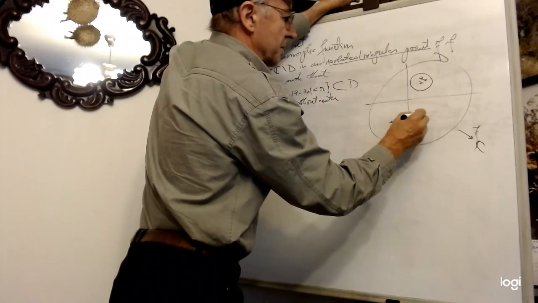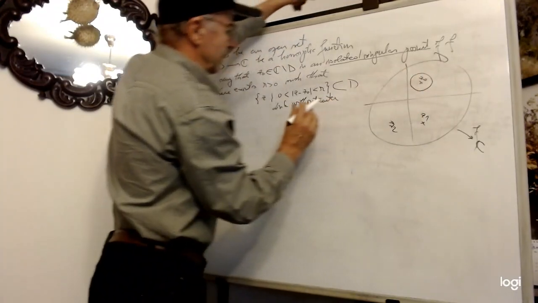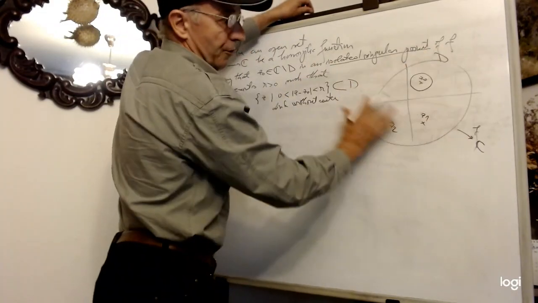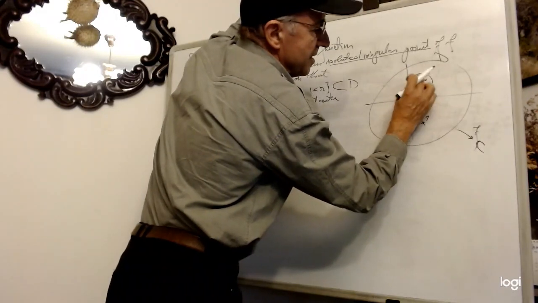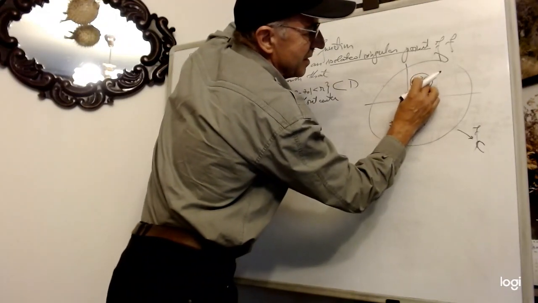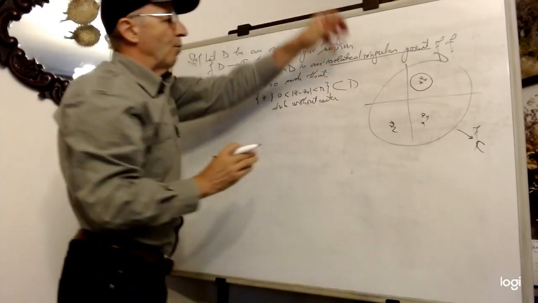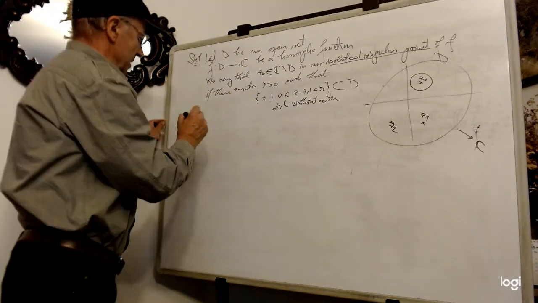Z0, Z1, Z2 are singular points, but in this case our function f is holomorphic in D. It is not defined at Z0, but it is defined around Z0, where it is holomorphic.